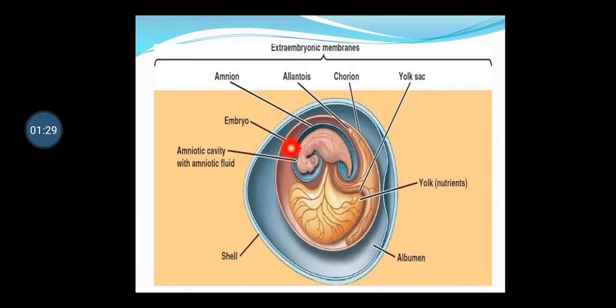The amnion contains a liquid called the amniotic fluid that protects the baby from dehydration and mechanical injury. And this is the yolk sac, in which the yolk is present, because this is the egg of a hen, which is a bird. So birds have yolk. The yolk is used for the development of the baby, as they are oviparous.